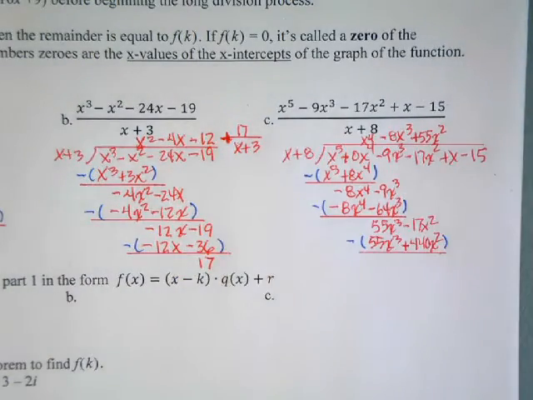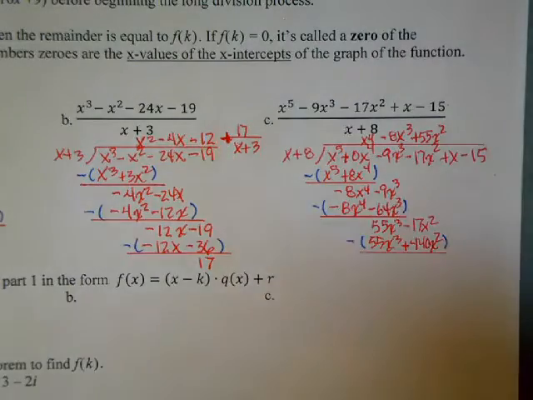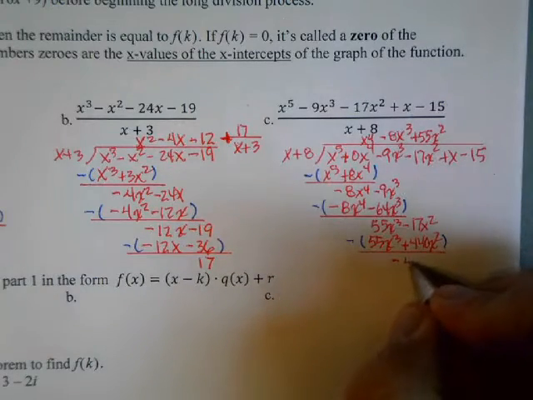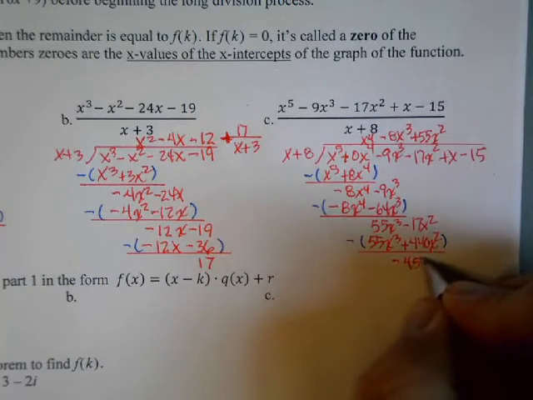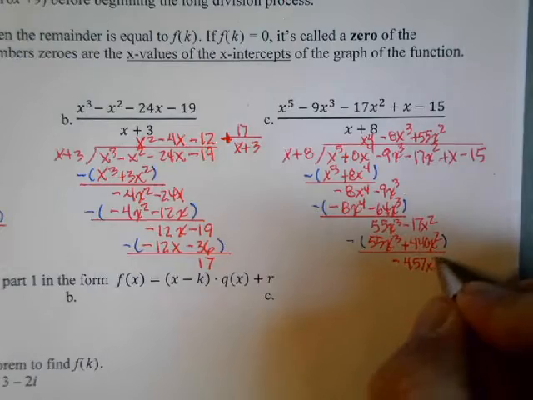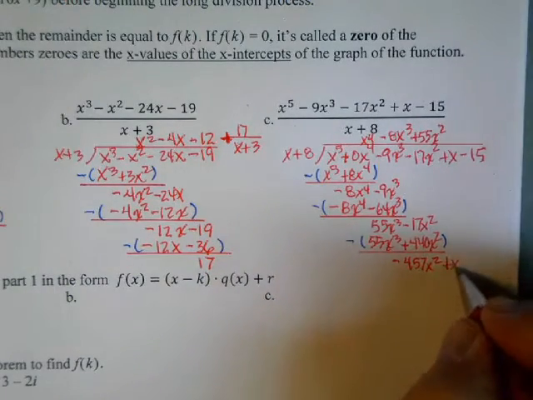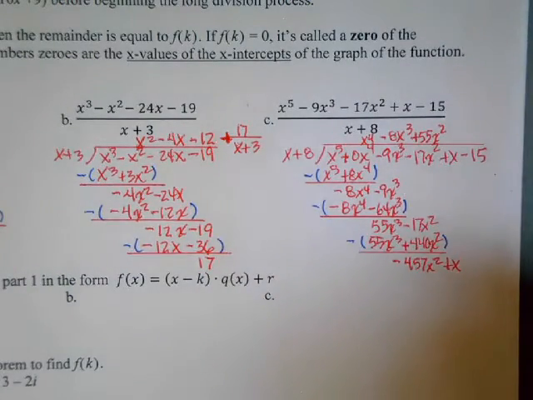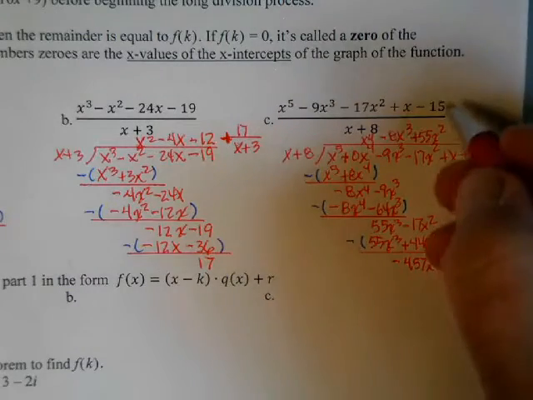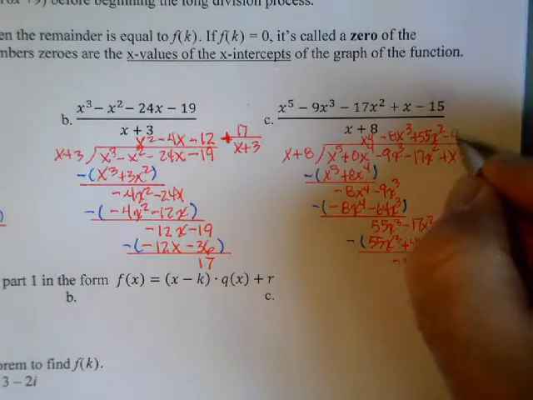So 55 subtract the 55, they're gone. 17 subtract the 440 leaves me with negative 457x squared. Now we'll bring down the x. So next I'm going to need a negative 457x.